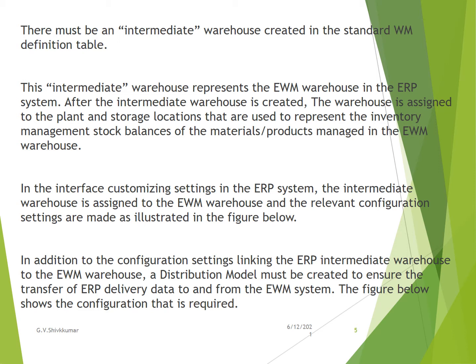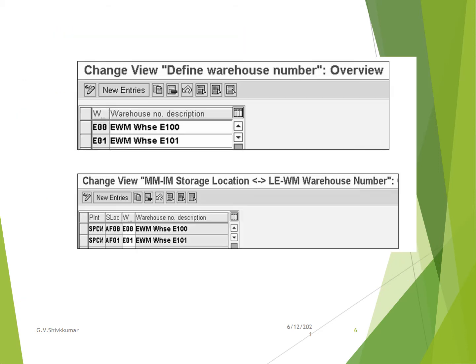Okay, so here, as far as the configuration is concerned, we have E00 and E01 as the EWM warehouses defined, which are assigned to the plant and storage location combination in ECC.